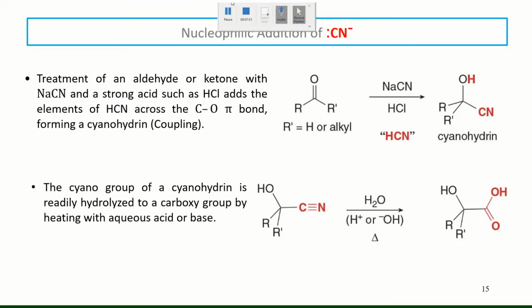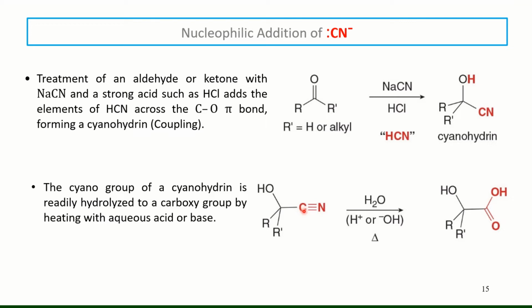You can hydrolyze to the acid, on either basic or acidic conditions, or you can even convert this nitrile, yeah, by reduction, and we'll get to that later, to form an amine, my bad.